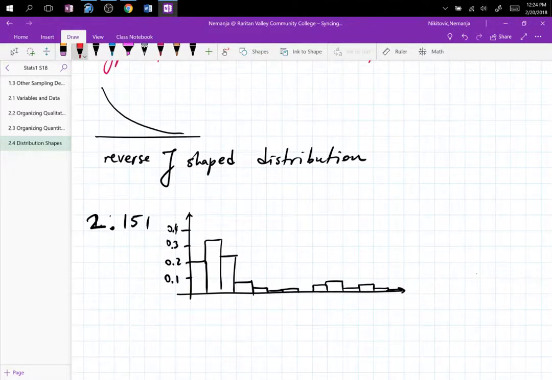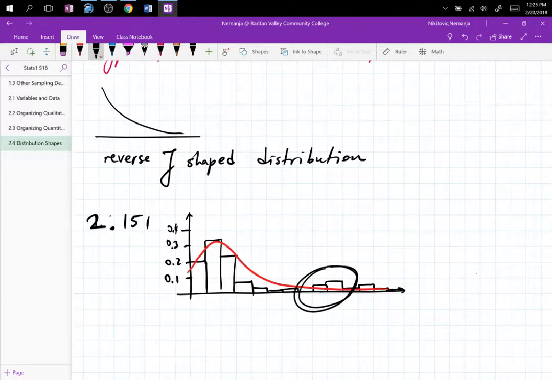But if you look at the approximating graph that you can draw, a line, I would actually call this unimodal, even though some might make a case for a second bump there, right?